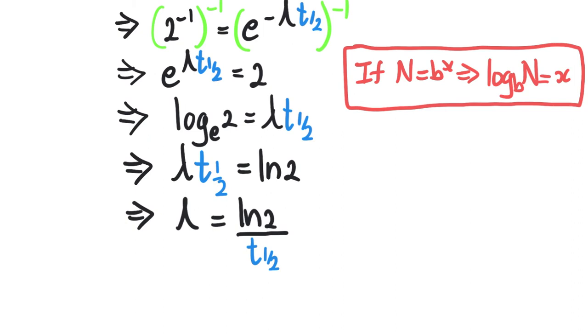And so now we make lambda the subject of the equation, that's the decay constant, by dividing both sides by the half-life, t half. So that's going to give us lambda equals ln 2 divided by t half, which is the half-life.